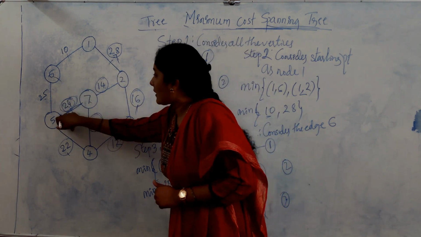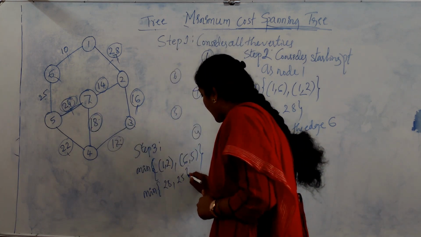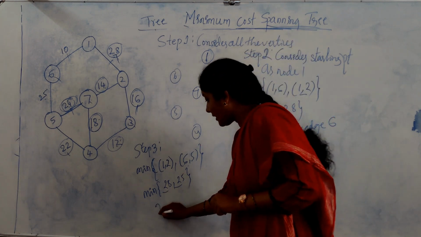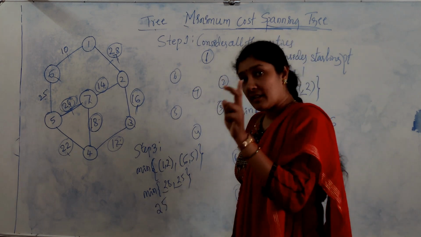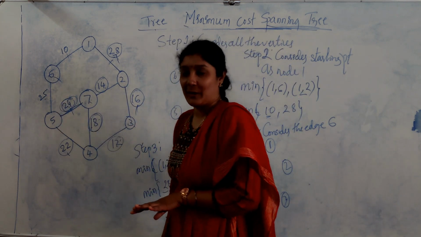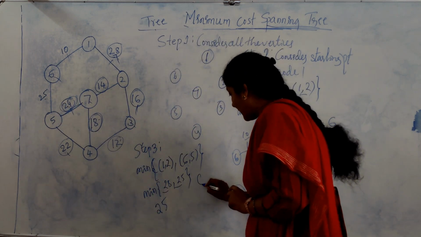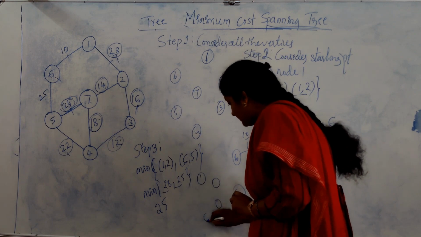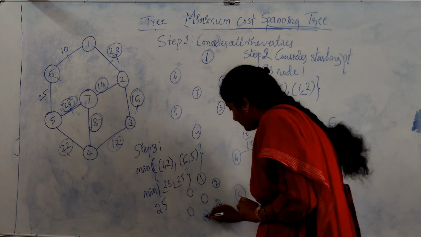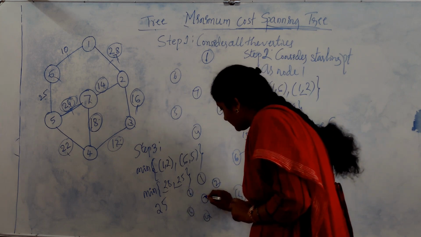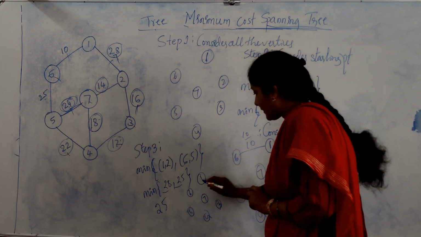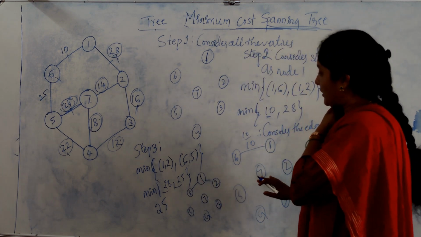Now, minimum of 1, 2 cost is 28. 6, 5 cost is 25. Okay, so now out of 28 and 25, the minimum is 25. So in this step, we need to connect 6 to 5. Okay, so that will be like this. 1 to 6 is already connected in the step 2.